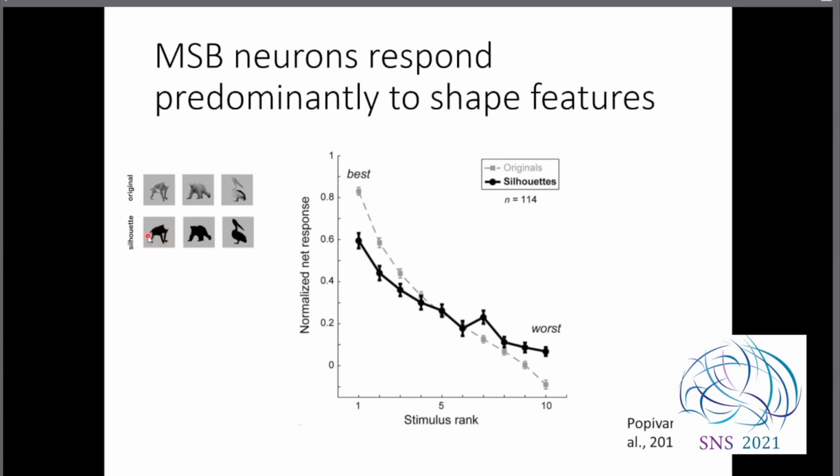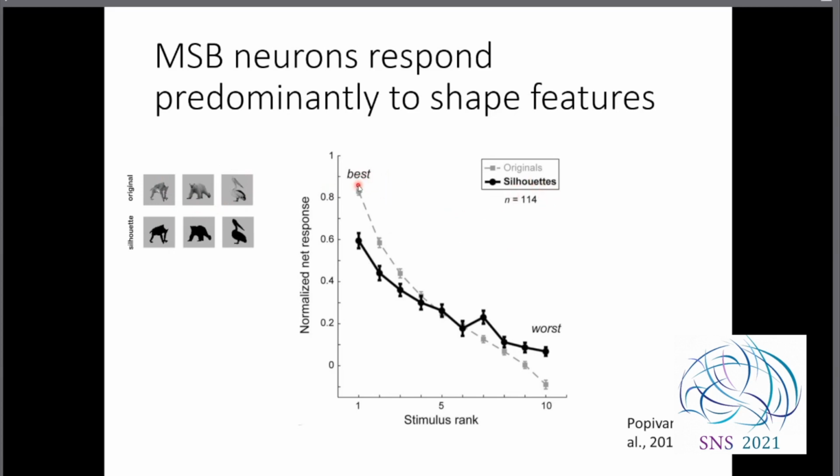Somewhat surprisingly, although as I'll show in the next slide it might not be that surprising, overall the selectivity for the silhouette stimuli was very similar to that for the original images. That's shown here. This is averaged across a large population of neurons.